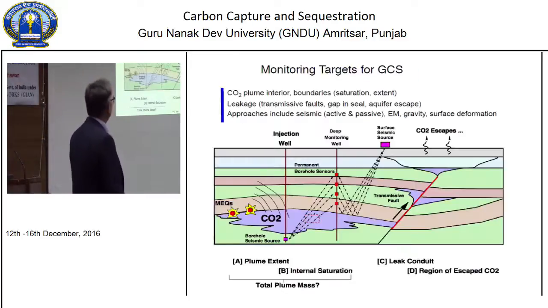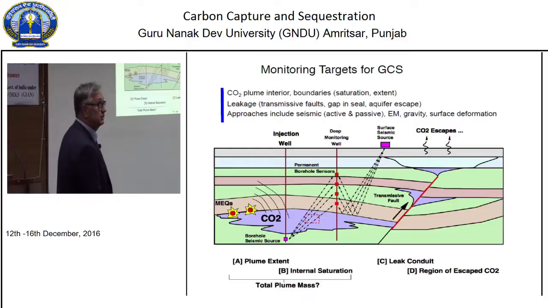So here's a slide that shows a few of the things that we would like to deploy. So here's your injection well, and this is what you think is happening. And then you need some monitoring wells. Here's a deep one in which there are devices placed along the way, and they can be seismic, they can be pressure, temperature, composition, and so that you can have seismic waves generated on the surface. They're reflected at these measuring points, and you can discern the plume of CO2.